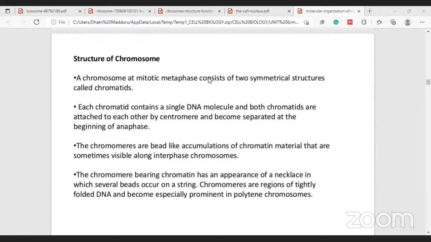For example, we have 23 pairs. So in the 23 chromosomes, all our genes will be distributed. So suppose the two chromatids of chromosome 1, they are similar. They are two identical copies, hence they are sister chromatids. But the chromatid of chromosome 1 and the chromatid of chromosome 2, they are not similar, they have different genes, so we cannot call them sister chromatids because they are different.